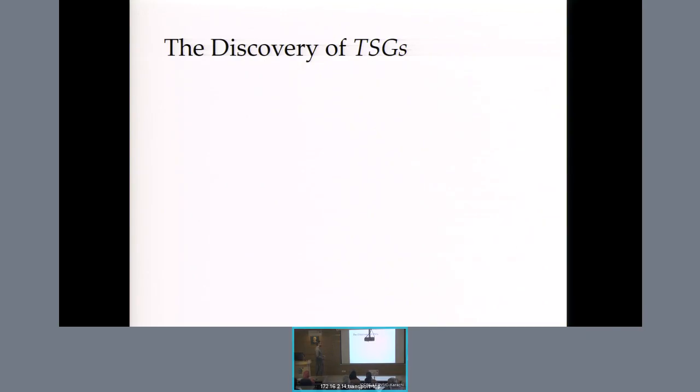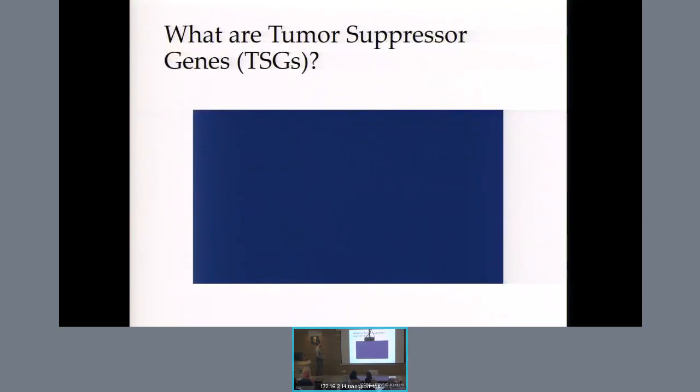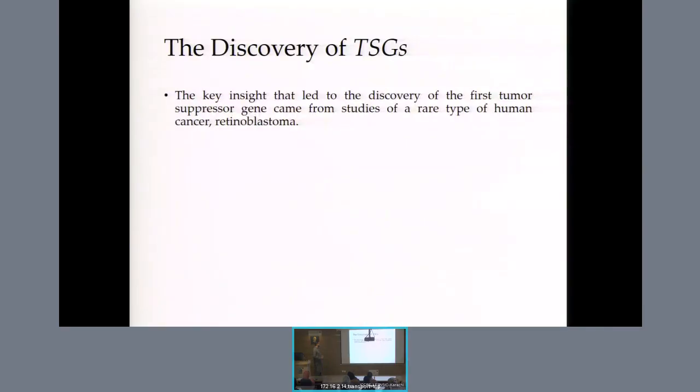So now we come to the discovery of TSGs, tumor suppressor genes. We studied that their loss of function results in the emergence of tumors. The key insight that led to the discovery of the first tumor suppressor gene came from studies of a rare type of human cancer, which is the retinoblastoma.